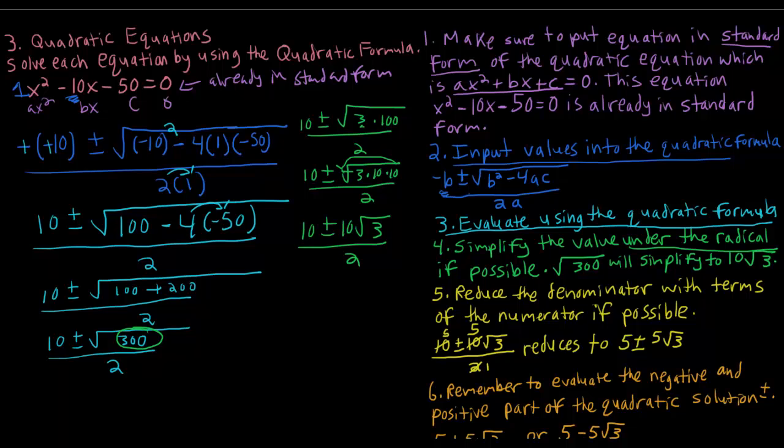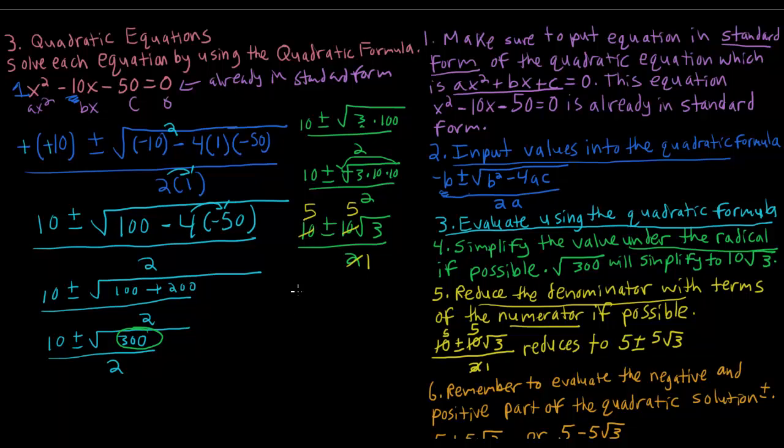Going to the next step. It says to reduce the denominator with terms of the numerator if possible. And it kind of shows us how this is going to reduce. So right here, to reduce this, we have 2 as the denominator, and 2 goes into itself once, but 2 is also a factor of 10. 2 will go into 10 5 times, and then again 5 times.